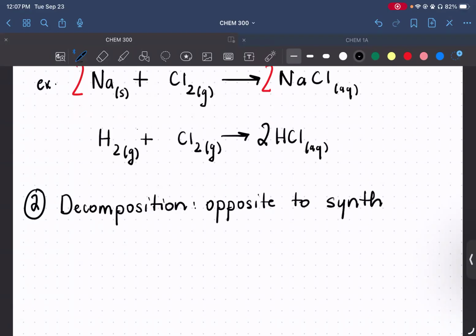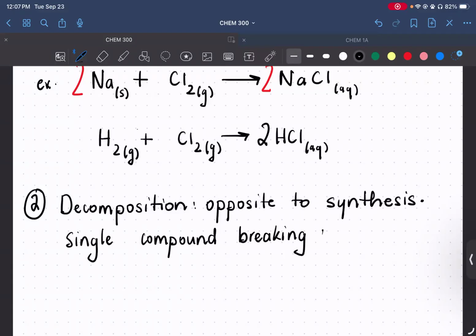Whereas synthesis combines two chemicals into one, decomposition involves a single compound breaking up into its individual chemicals.